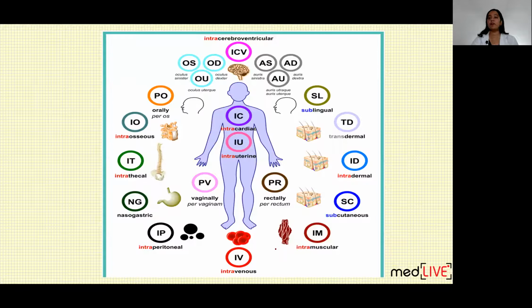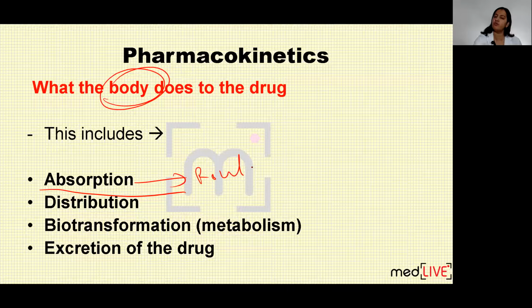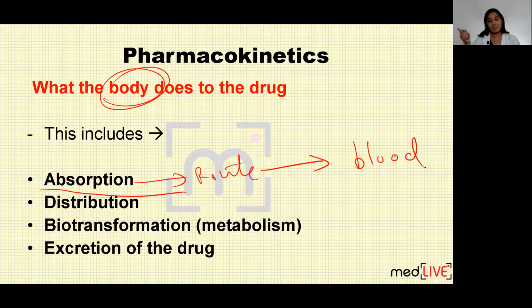Through whatever route we are taking any drug, ultimately that drug reaches the blood. So that is the first step the body does to the drug, that is absorption of the drug. Through whatever route you are taking the drug, ultimately that drug reaches the systemic blood. When the drug reaches the systemic blood, this process is known as absorption of the drug.